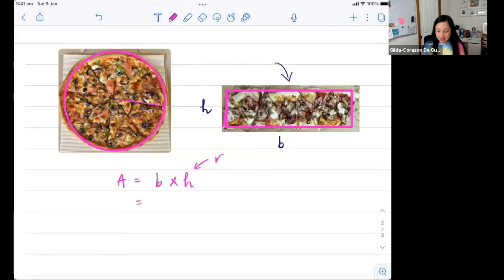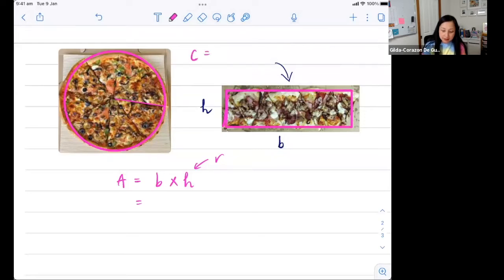How about the base? What would be this length here? Well, if you look at our drawing here, this one here and the one here on the side would actually be the length around that circle. And we know that length around the circle to be the circumference, right?